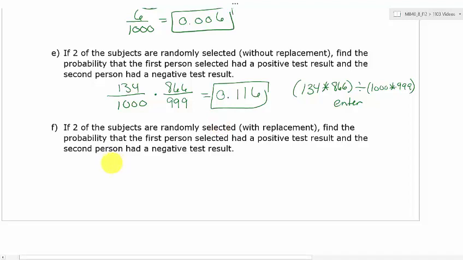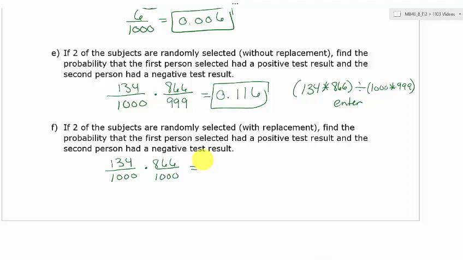And so for a positive test result, it's still going to be 134 divided by 1,000 for the first person. But now the second person, for a negative test result, it's going to be 866 again, divided by, now we've put the first person back, so there's still 1,000 people to choose from. So it's not going to change our probability a bunch, but it will change it a little bit.